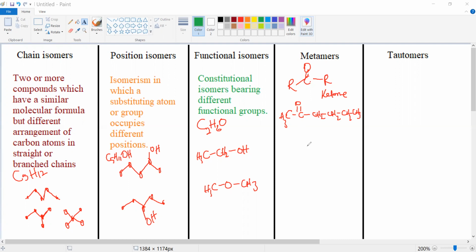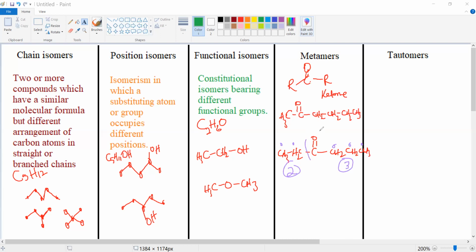So if I relate it with another example of ketone in which we have CH2, CH3, 1, 2, 3, CH2, 4, 5 and CH3, 6. If we count the number of carbon atoms, we have 1, 2 carbon atoms on this side and 1, 2 and 3 carbon atoms on this side.